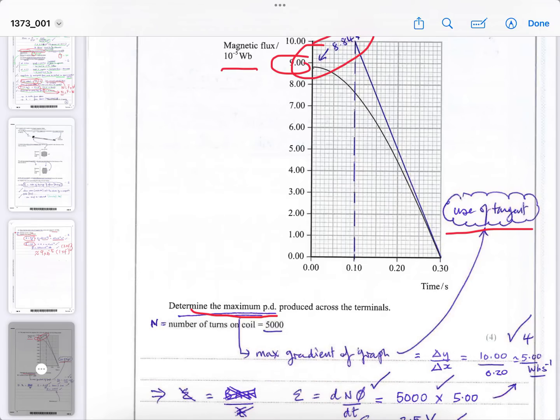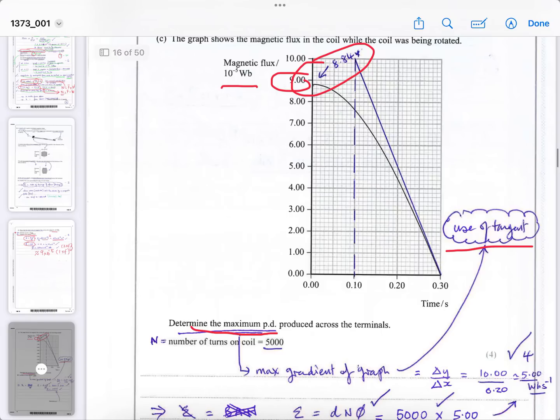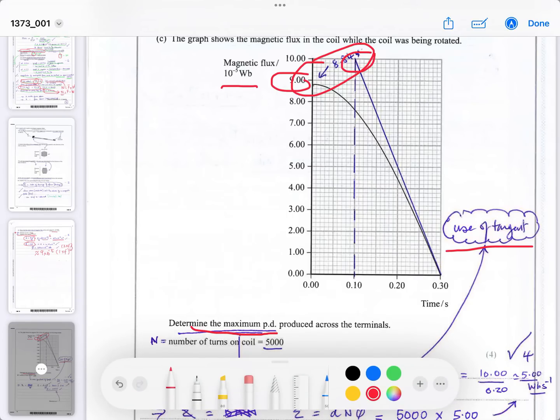Okay, so by the use of a tangent, you can then get the maximum PD. I've drawn a tangent which goes all the way up to 10, yeah? So here is 10, and the delta y, or delta x, is 0.02.